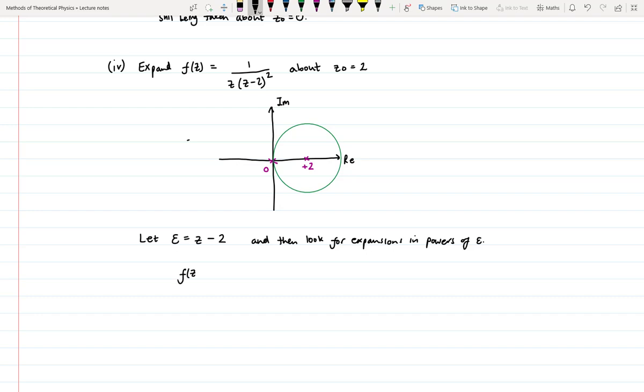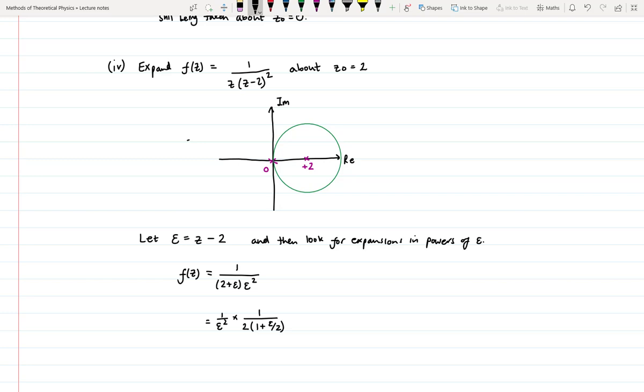We can now write our function in terms of epsilon. It's going to be 1 over 2 plus epsilon times epsilon squared. We can rewrite this as 1 over epsilon squared, and then if we take out a factor of 2 on the denominator, we have 2 lots of 1 plus epsilon over 2.